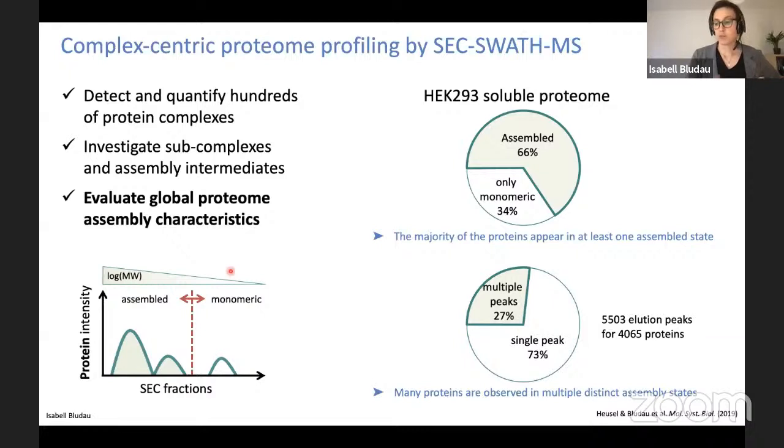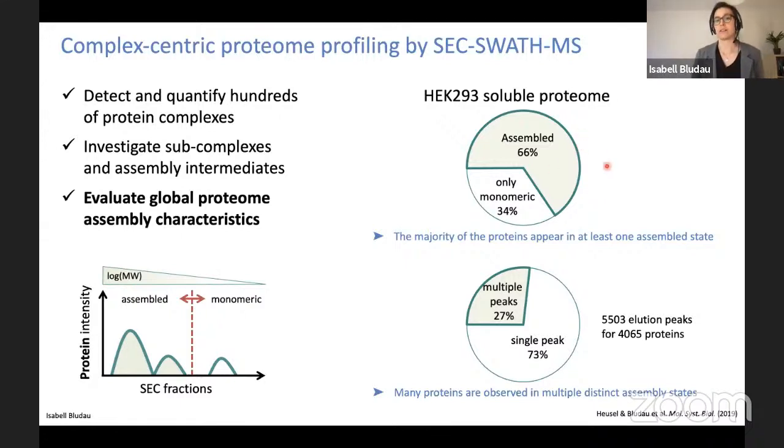And so for each protein where we know the expected monomeric molecular weight, we can assign fractions to being either monomeric or assembled. So when we look at protein signals, we can figure out if detected peak groups are in the assembled or in the monomeric range.